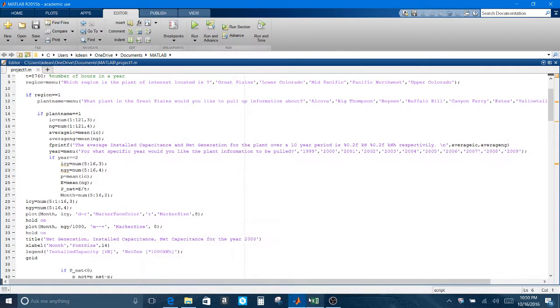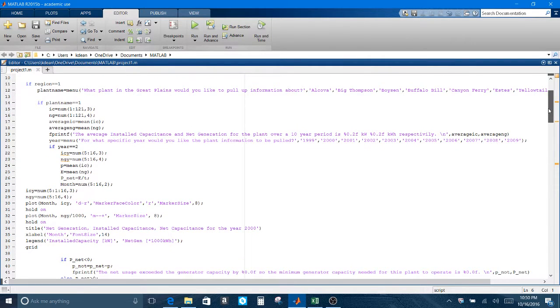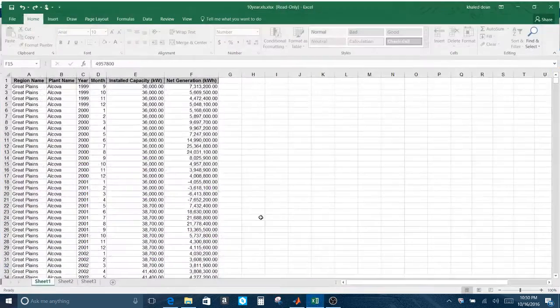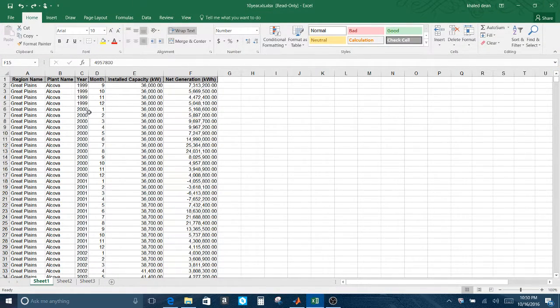And then the code should ask the user for what year he would like the information on. As you can see right here, it goes from 1999 to 2009, and once the user selects what year he wants, it should pull up a graph showing that over the course of that year what the installed capacity and what the net generation was, for example in this case for the year 2000, and it'll pull up a graph letting you compare the two.